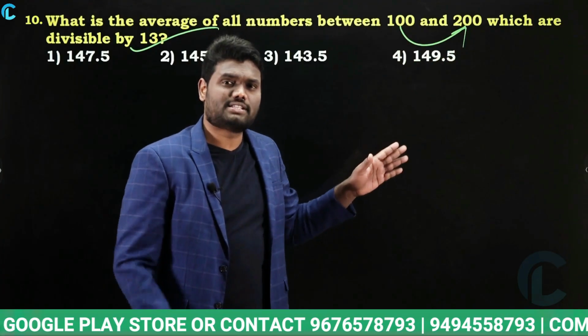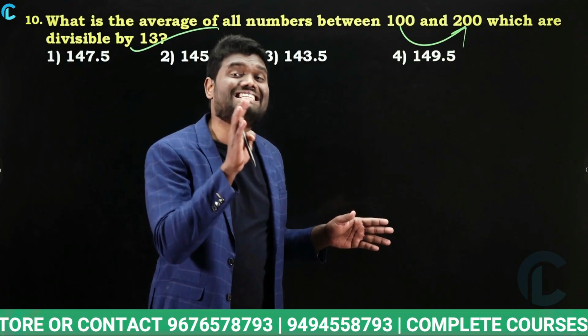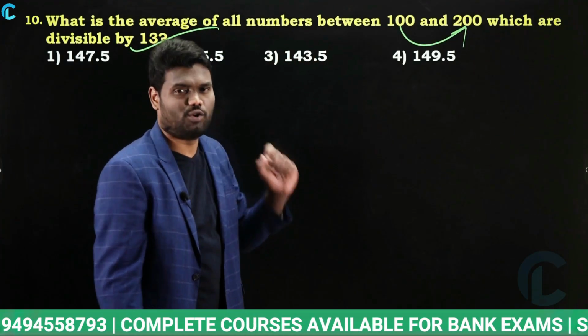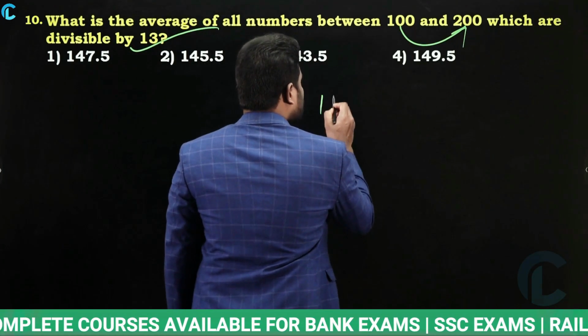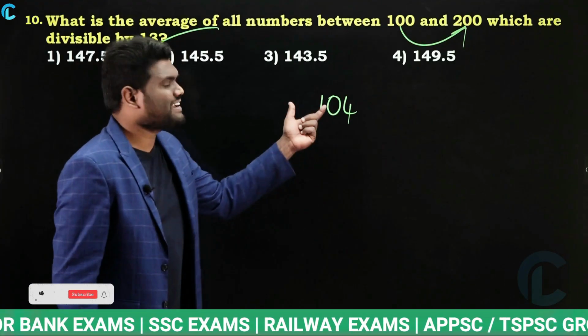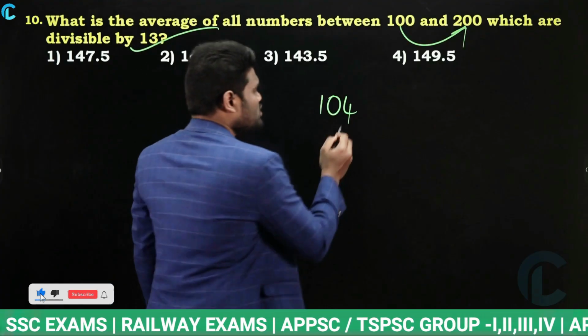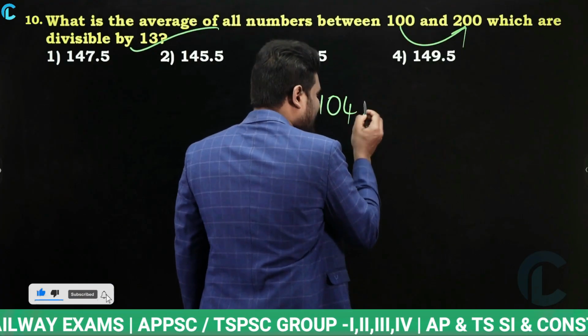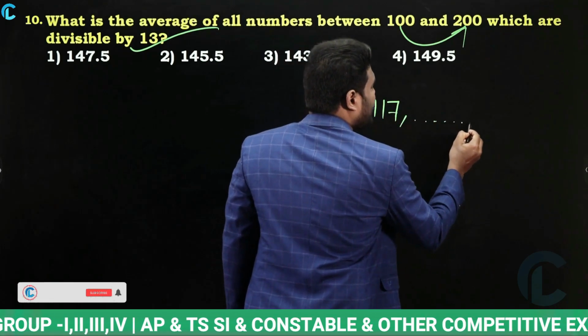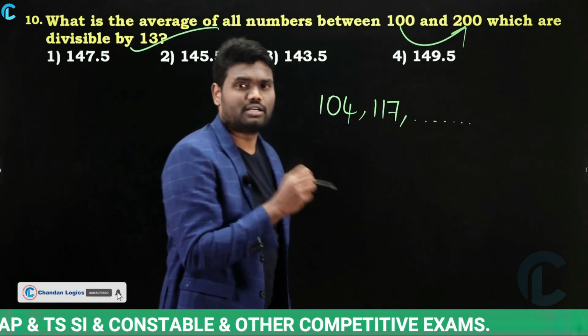Look here, 13 10 times is nothing but 130. But it is asking from 100 to 200. Now from 130, if I do 26 less, which is 2 times 13, it is nothing but 104. Yes or no? Which means the numbers between 100 and 200, the first number is going to be 104. So 104, and if I add 13, now this is going to be 117, right? So on, till 200.